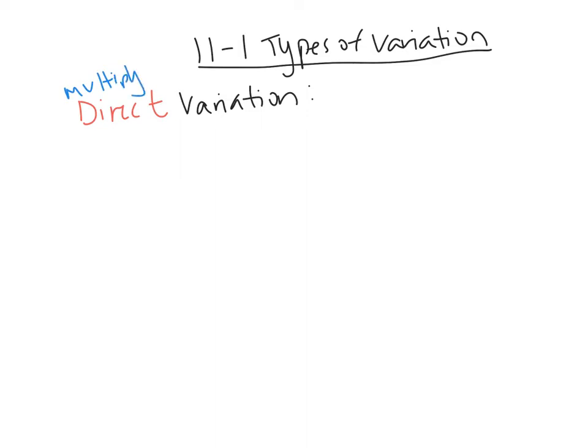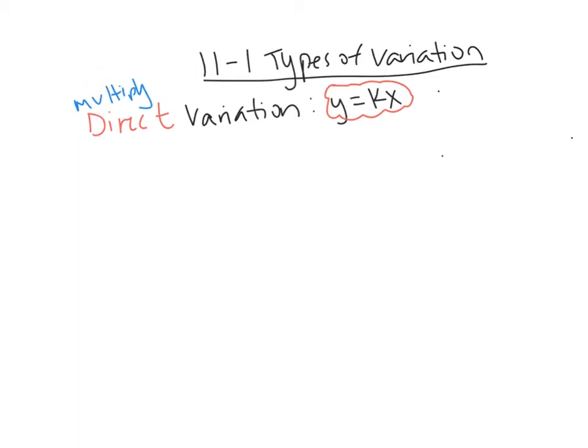Because in a direct variation, types of equations can be written in the form y equals k times x, with k being some constant that never changes on how you get from your x to your y. So if I take my x and multiply it by some value every single time, I can get my y value. That is a direct variation. So direct variation, think multiply. And again, that only works for non-zero constants, non-zero k.